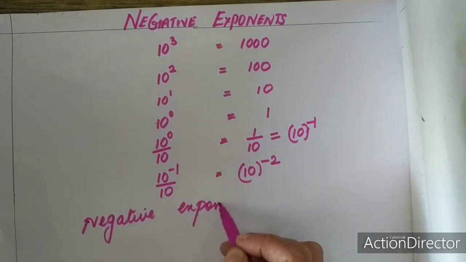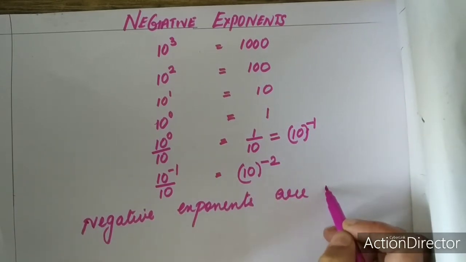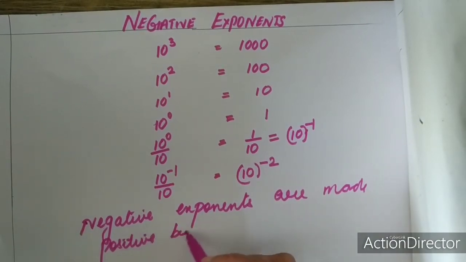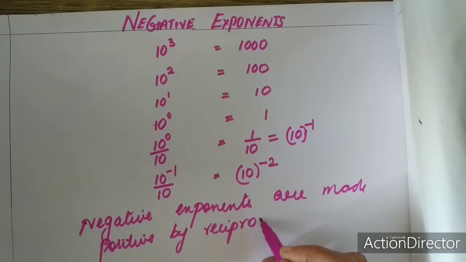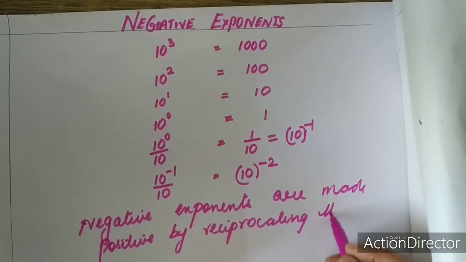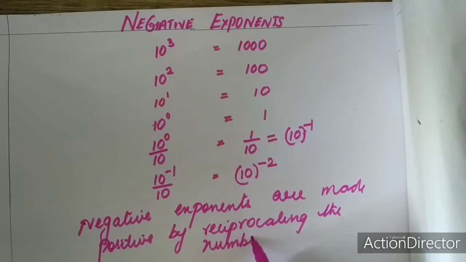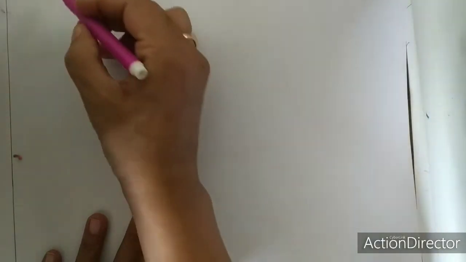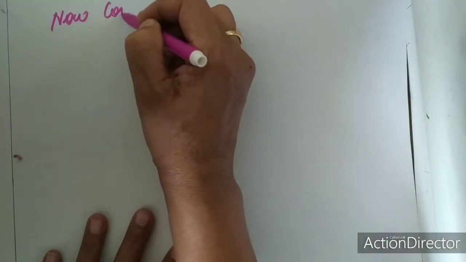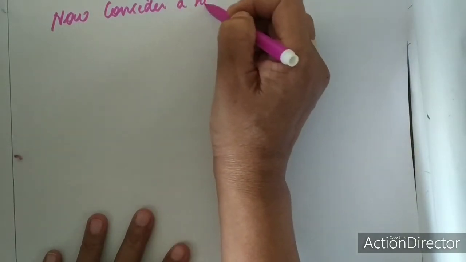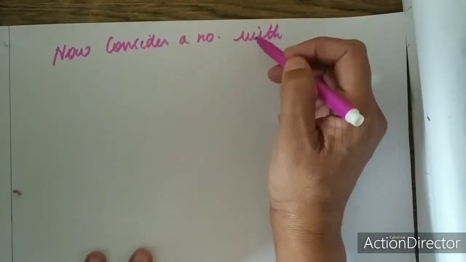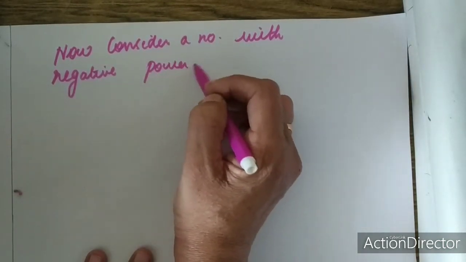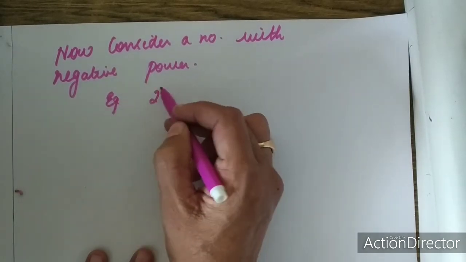Negative exponents are made positive by reciprocaling the number. I will explain this with some examples now. Consider a number with negative power, for example 2 power minus 2.